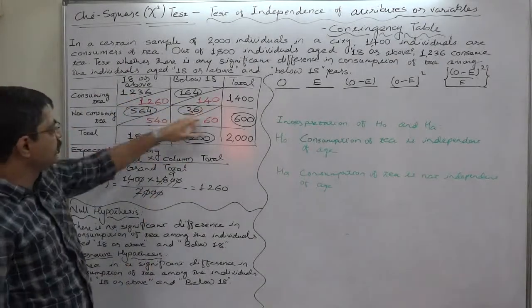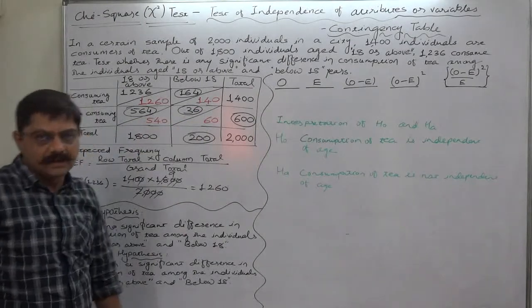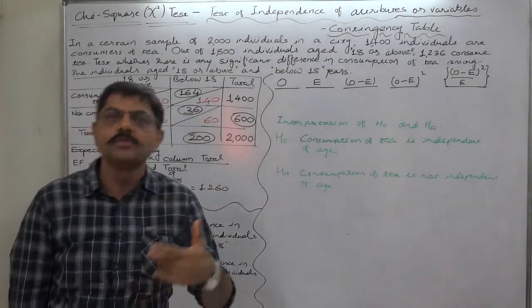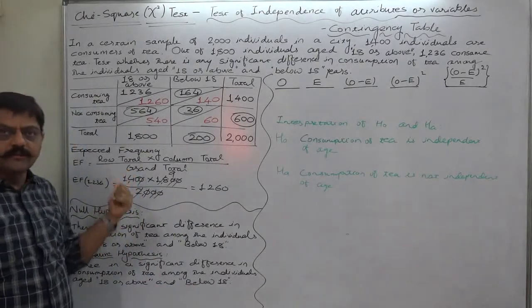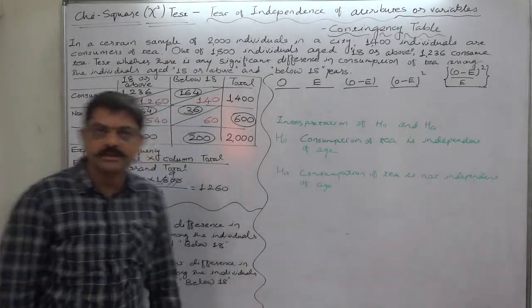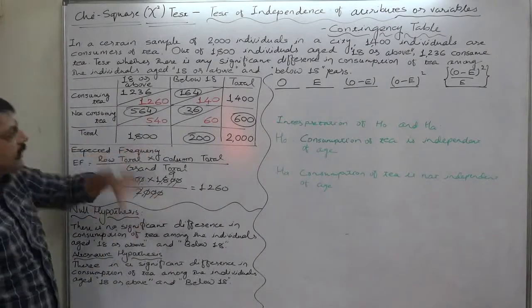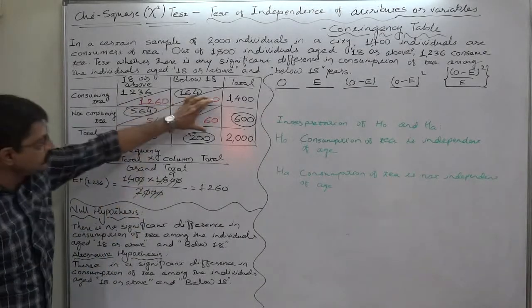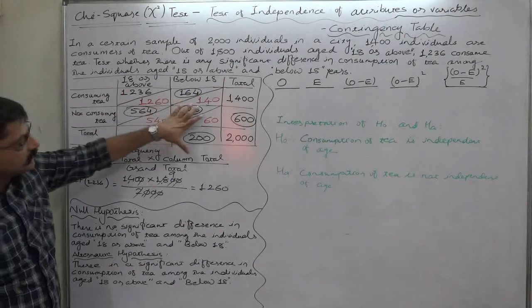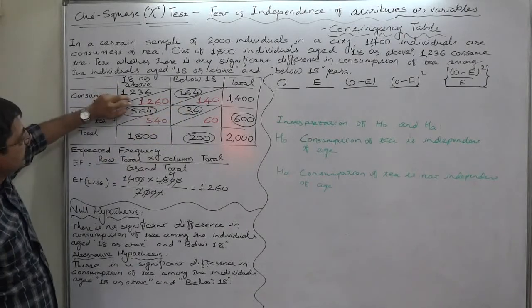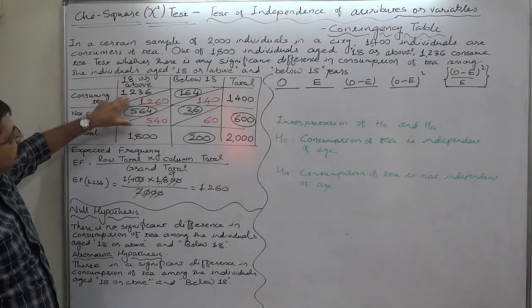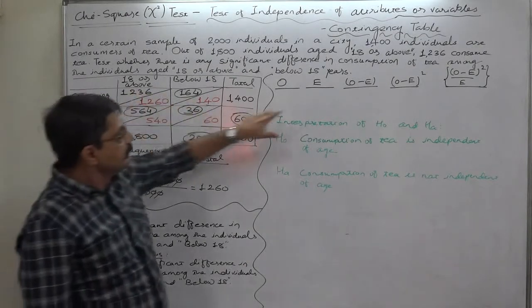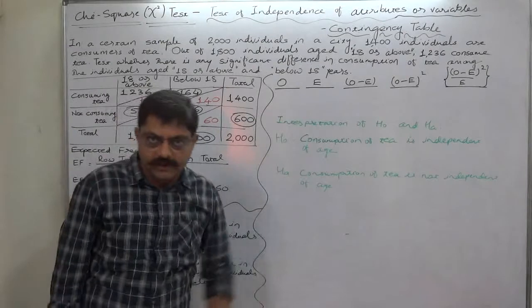The expected frequencies I have written with red color pen. You can also prepare two separate contingency tables, one for observed and another for expected frequencies. But I suggest preparing the contingency table in this way, because in this way we can correctly maintain the pair of observed and expected frequency to calculate the chi-square.